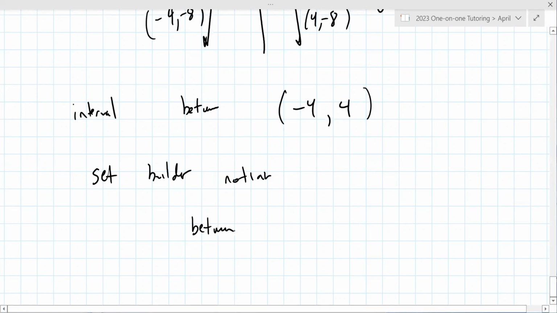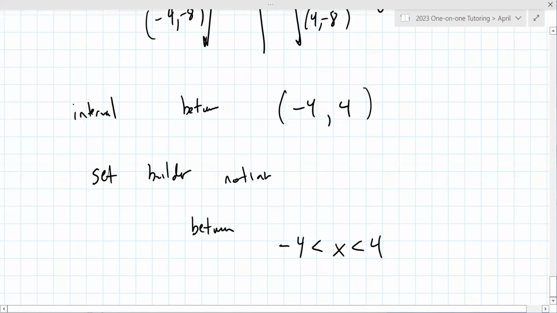So it's between. It's a compound inequality. Compound inequalities are used for between. Does that help or not? It's okay if it doesn't. Nah, not really. I'm still a little lost on this.